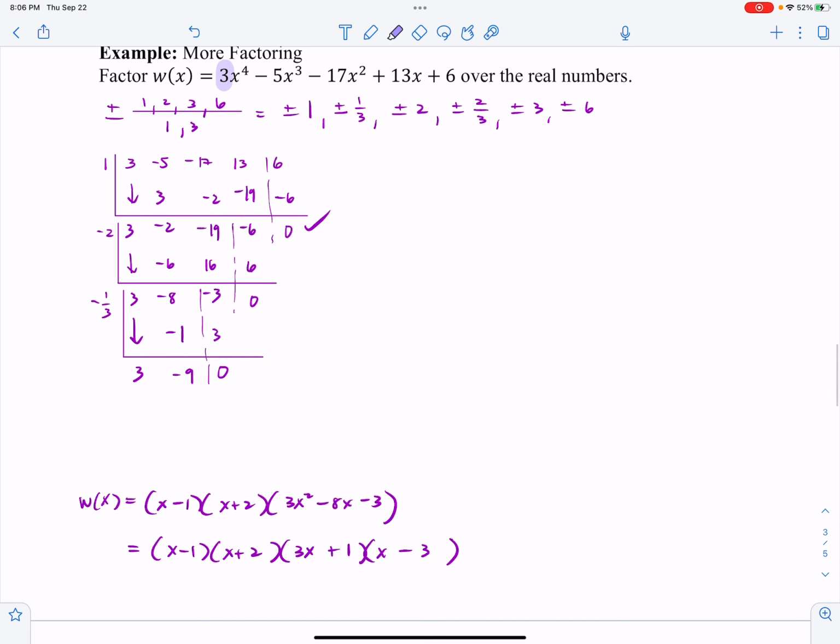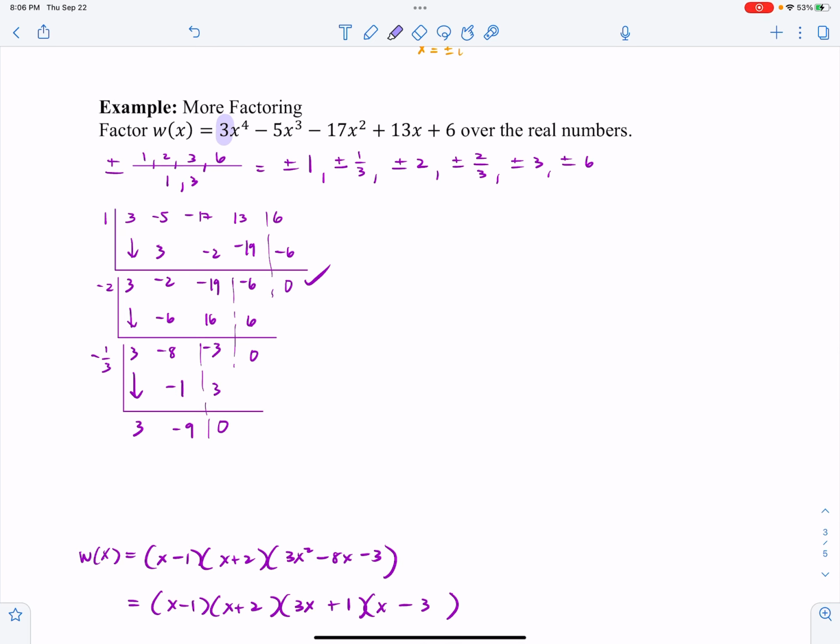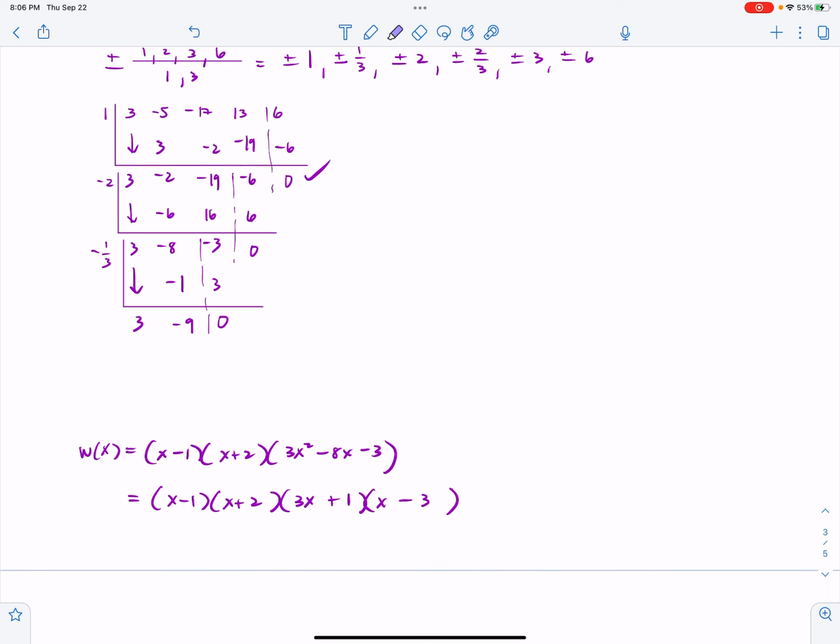So you just need to be careful. You need to make sure that the leading coefficient is there. It worked out fine here, but if you had kept going the way that I said, then you would have had x plus 1/3, and then this last factor would have been 3x minus 9, and that's fine too. You just need to make sure that if it were to be multiplied out, the leading coefficient would be there.